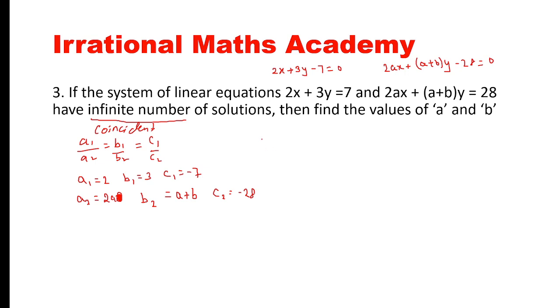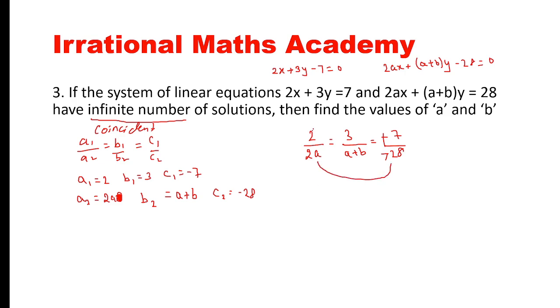So first of all, we'll solve A1 by A2. We'll write here: 2 by 2a equal to 3 by (a plus b) equal to minus 7 by minus 28. Minus minus gets cancelled. So first I'll solve these two.